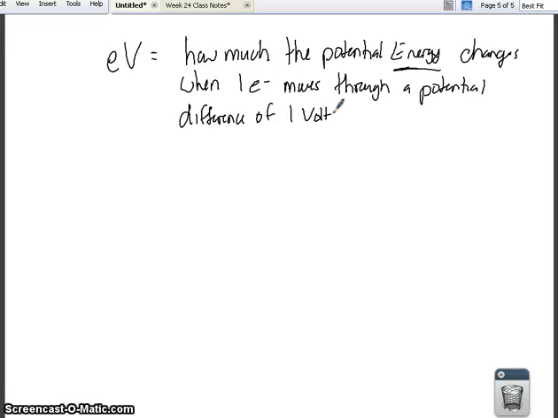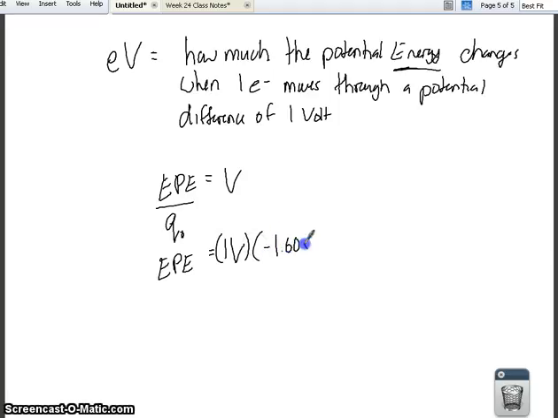And so basically we have electric potential energy over Q is equal to voltage. So how much energy is one electron going to get through 1 volt? And the charge on one electron is negative 1.60 times 10 to the negative 19 coulomb.